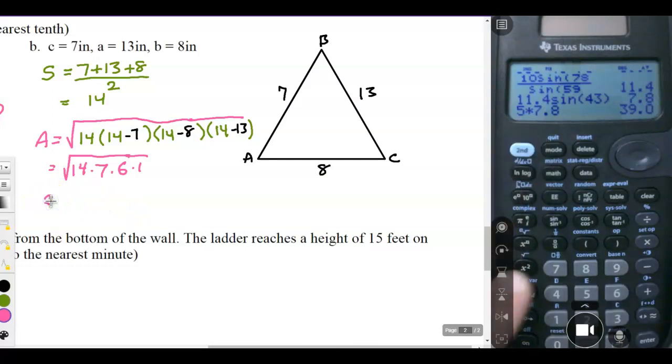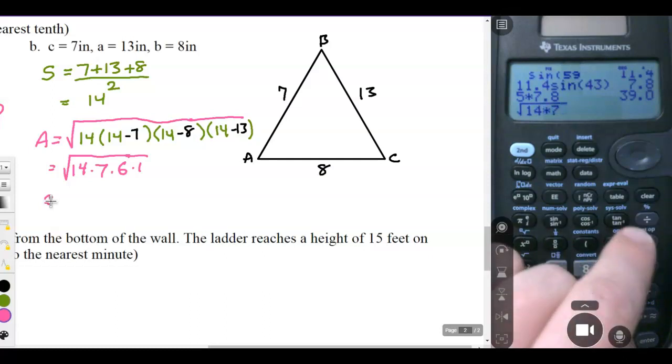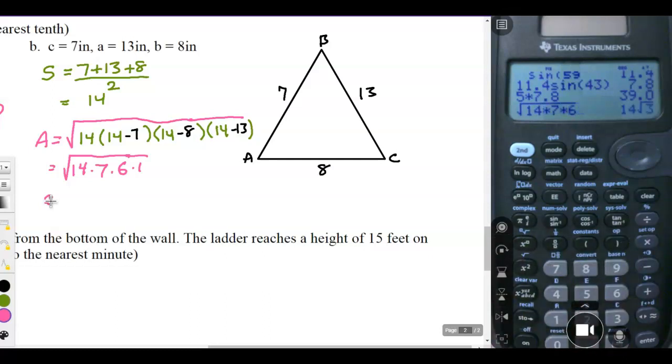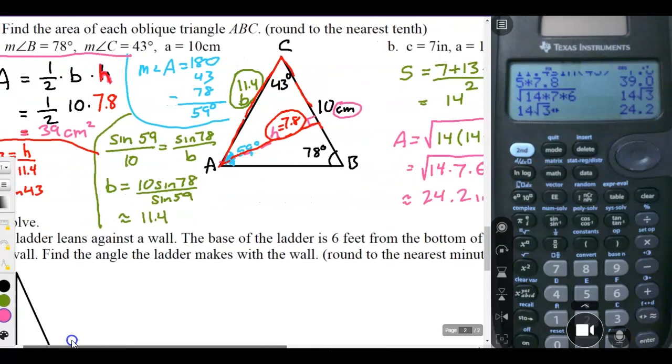So square root of 14 times 7 times 6 is 24.2. That is the area, and we're dealing with inches here, so that's going to be square inches. Alright, so those are our two area problems.